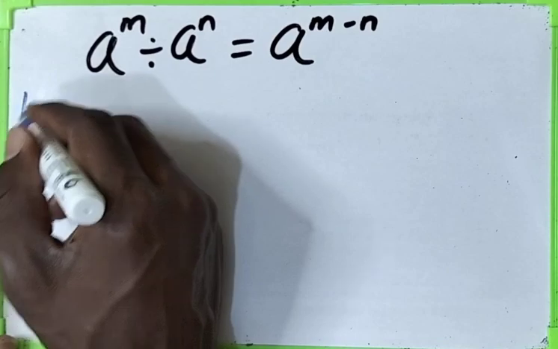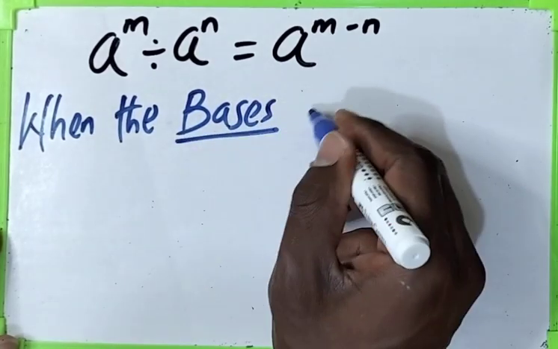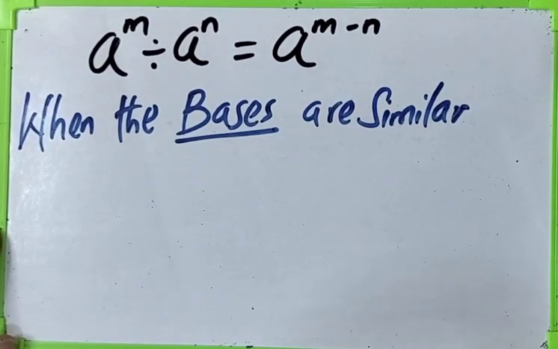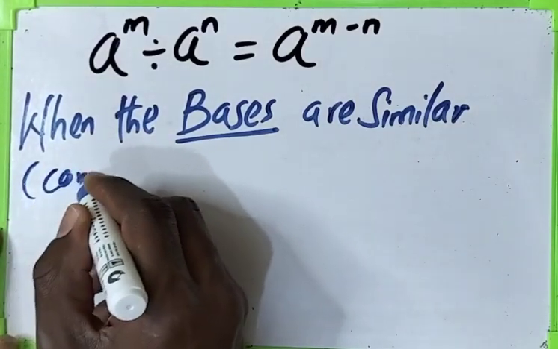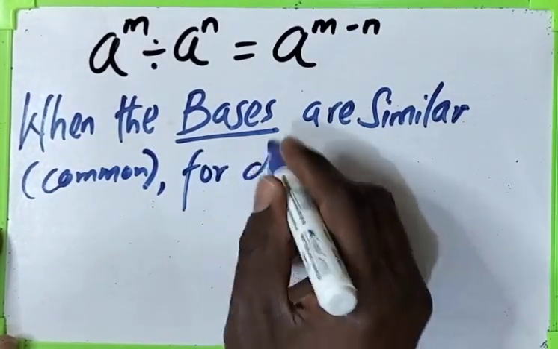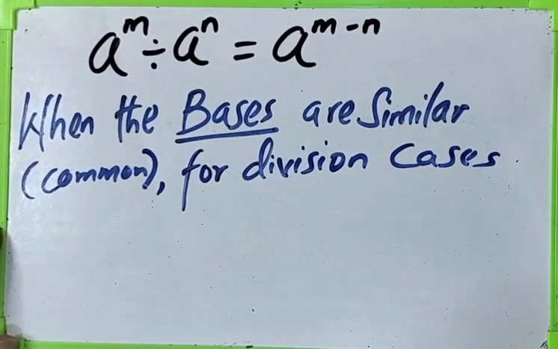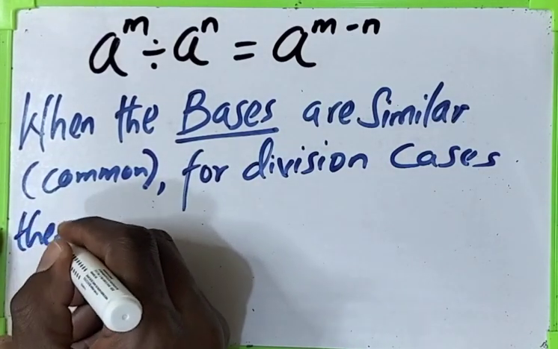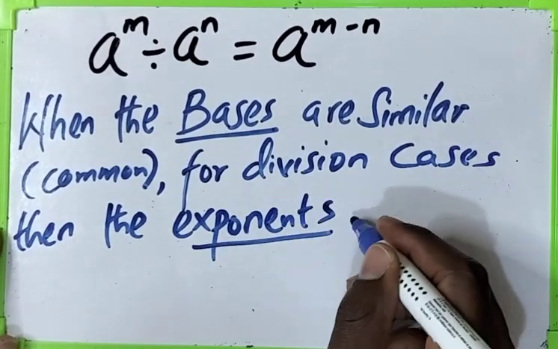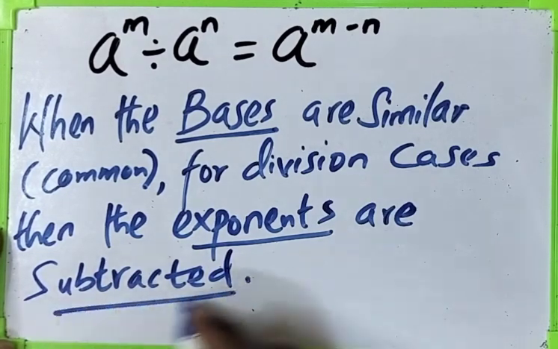When the bases are similar or common, for division cases, then the exponents are subtracted.